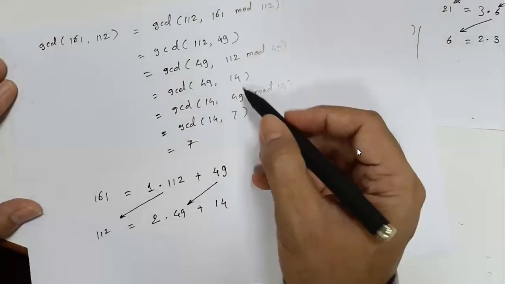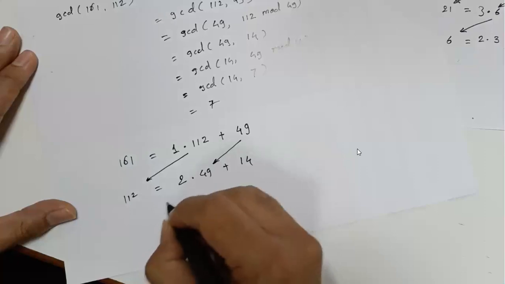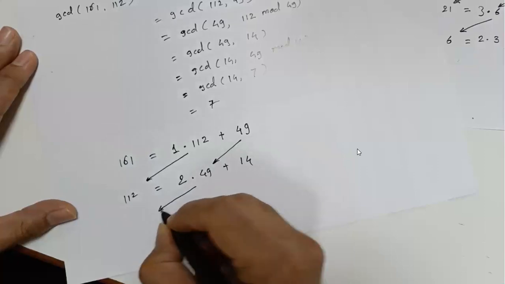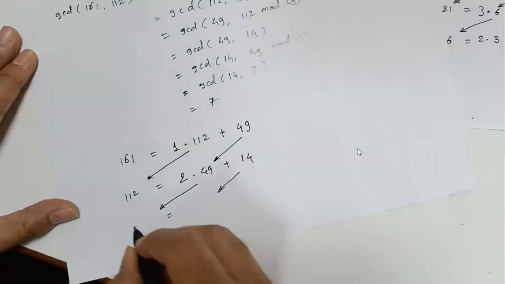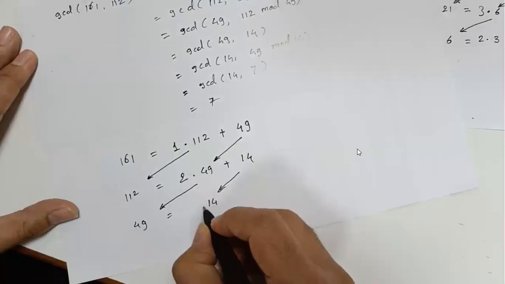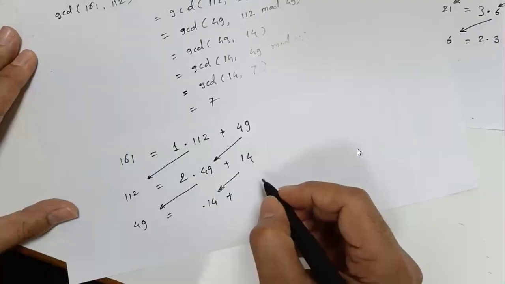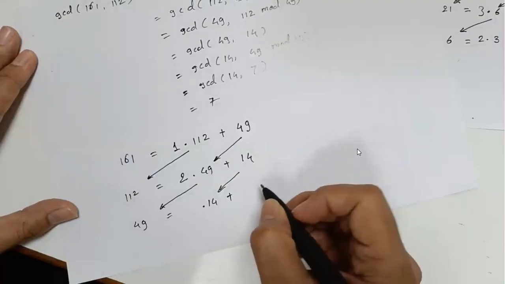So we have already got these answers, so you just have to arrange these. 49 you are going to take on the left. And this is the new. So 14 into 3 plus 7.